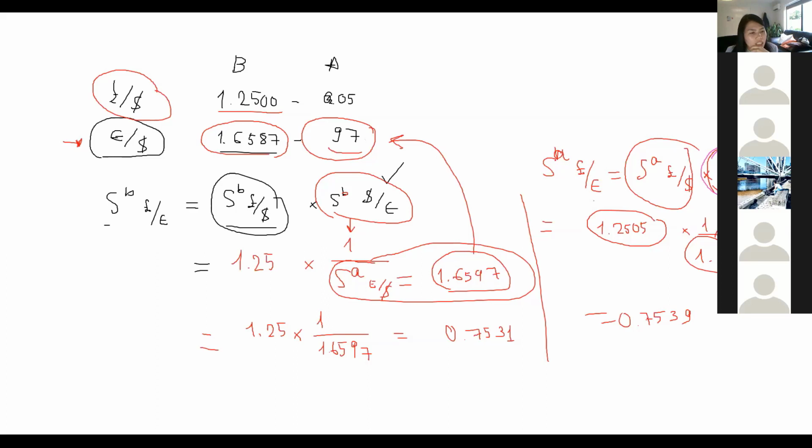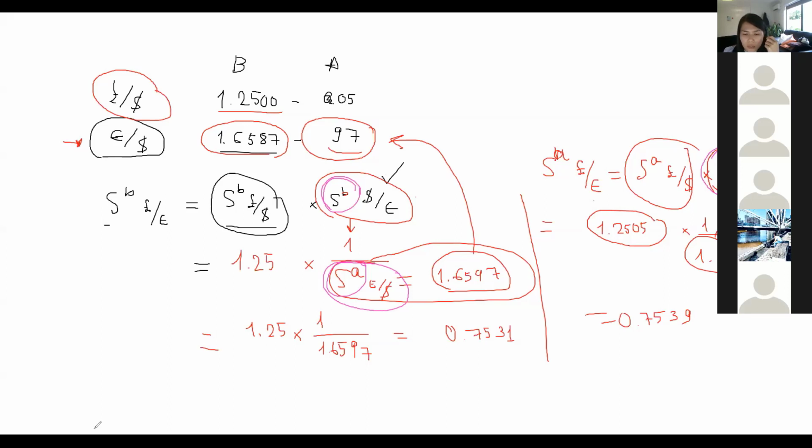Sorry, I just have a question. So the first problem, shouldn't it be 1.6597 the first time, and the second time 1.6587? No, the first one is we need the ask rate for the euro over dollar exchange rate. Remember when we take the reciprocal of an ask rate, we will have a bid rate of the opposite currency.